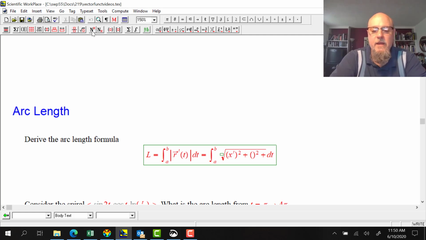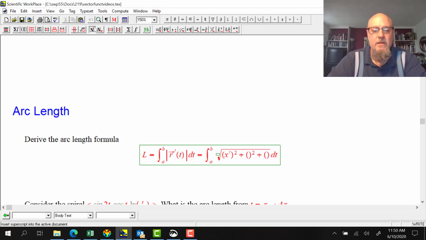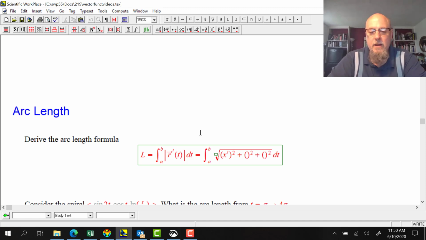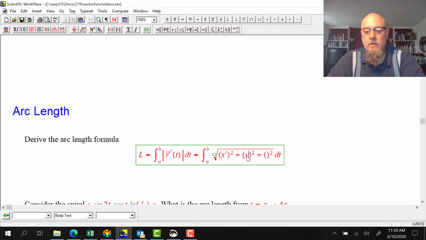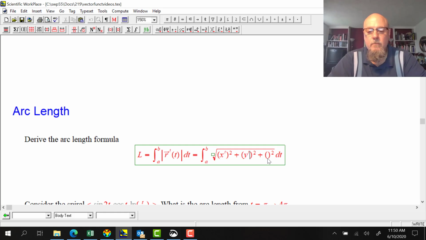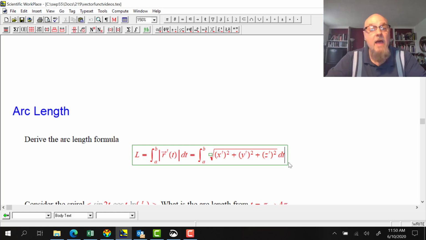And let's put a z in there. I know we didn't formally derive it, but we saw the pattern. So x prime, y prime, and z prime. So the formula itself has a big square root sign in it, and we've got to integrate.